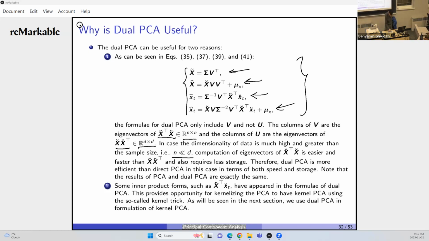Look at these formulas. Do you see these? What are these? They are inner products, X transpose X, right? Agreed? What does it ring in your mind when you have inner product X transpose X?